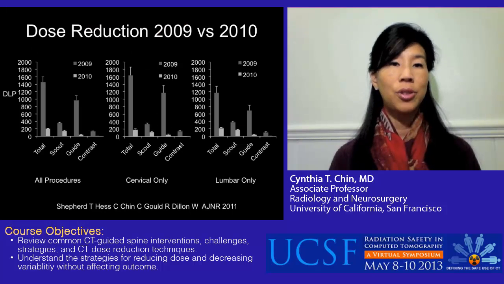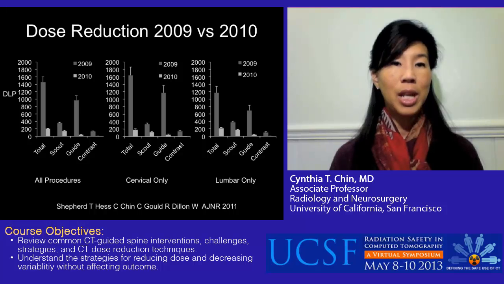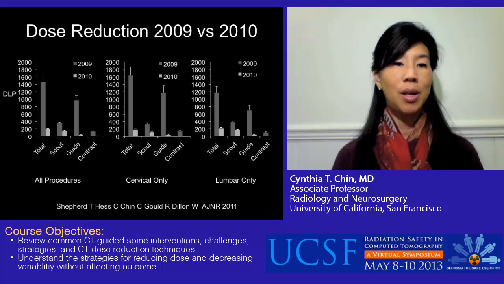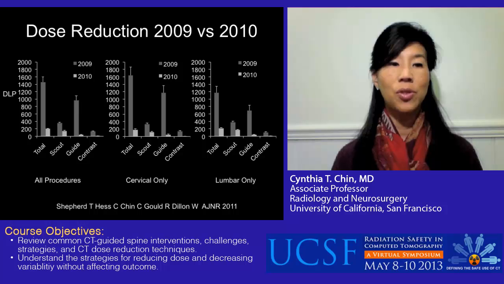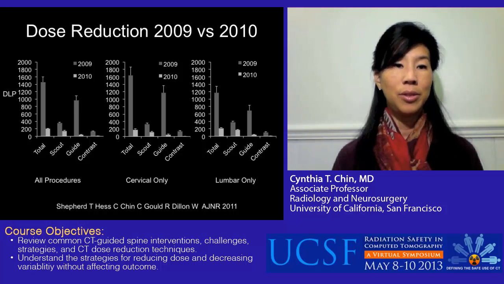The next slide shows in these tables that between 2009 and 2010, there were significant reductions in the DLP for the total procedures, as well as the survey, guide, and contrast phases for all patients. When we divided into cervical and lumbar interventions only, the same significant dose reduction was identified.